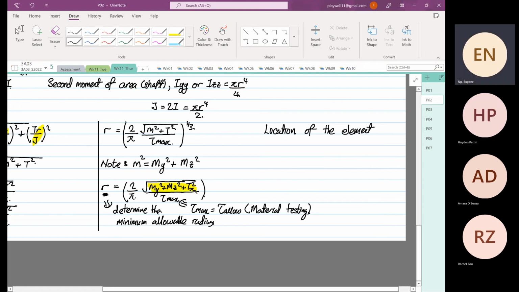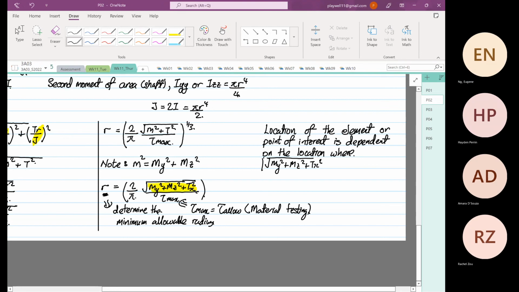The location of the element or point of interest is dependent on the location where the square root of My squared plus Mz squared plus Tx squared maximum is located.